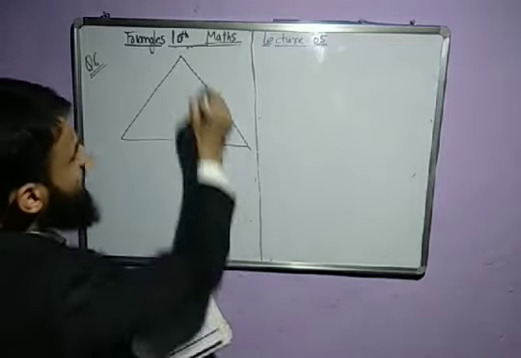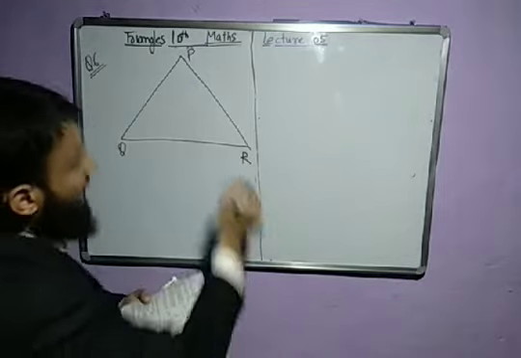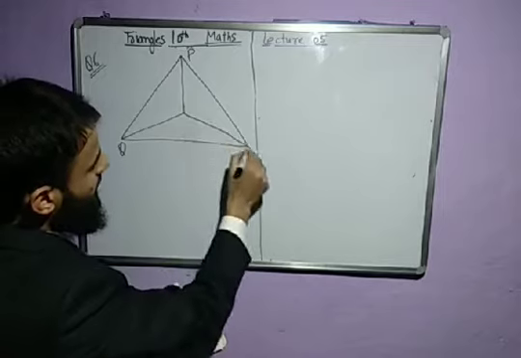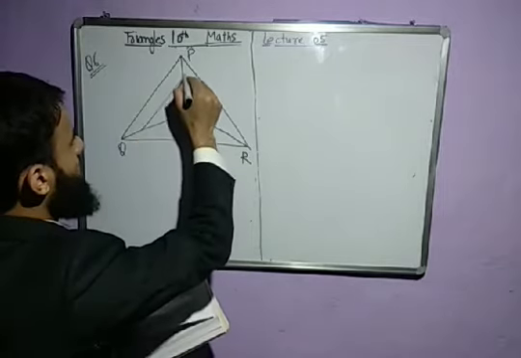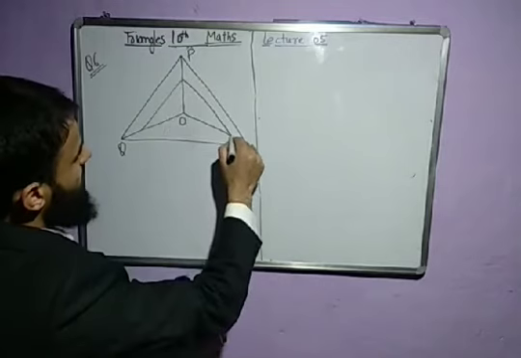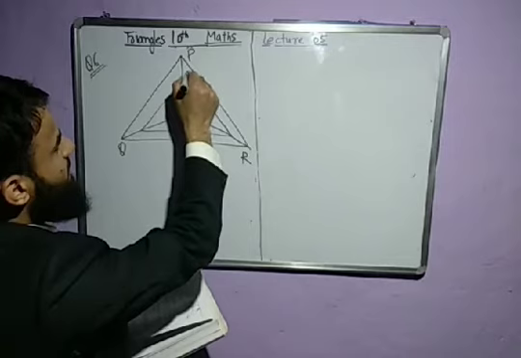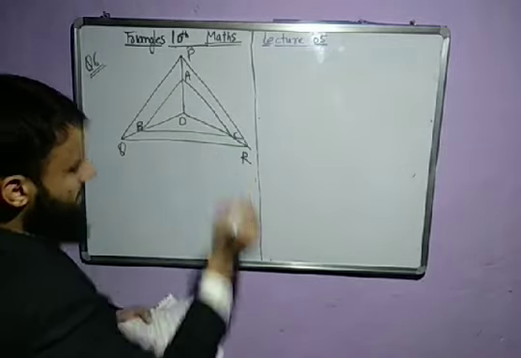This is a triangle PQR, and we have a figure like this. Then we have this side. This is my A, this is my B, and this is my C.